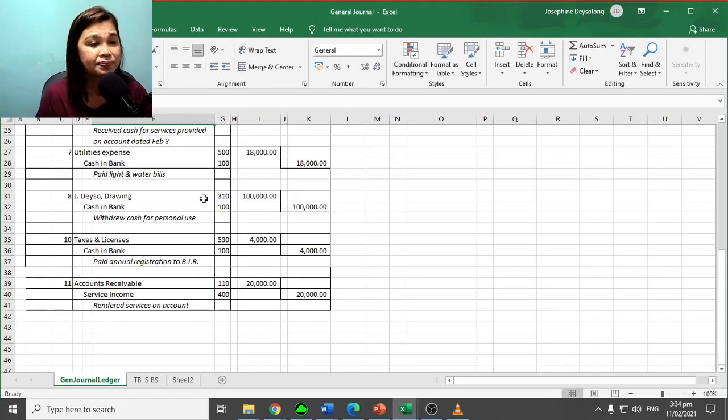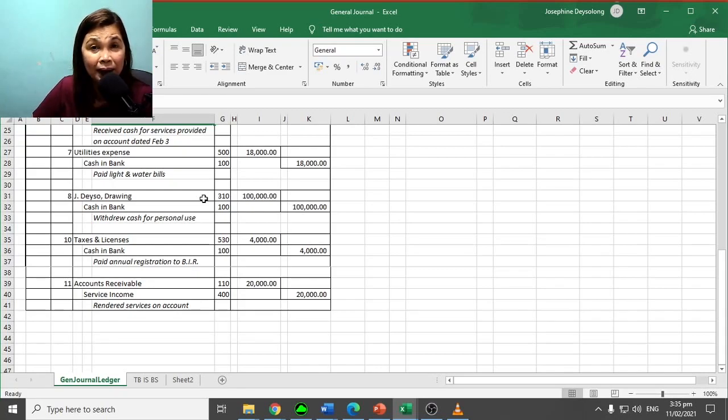What is my debit? I have here my debit, J. Dayso drawing. Now, for the bank withdrawals, we call it drawing. It's not the art drawing, but it is the drawing, meaning it is the withdrawals of the cash. Alright?